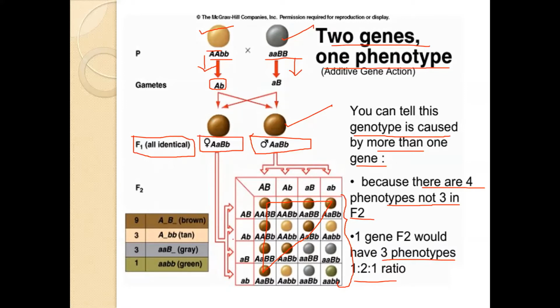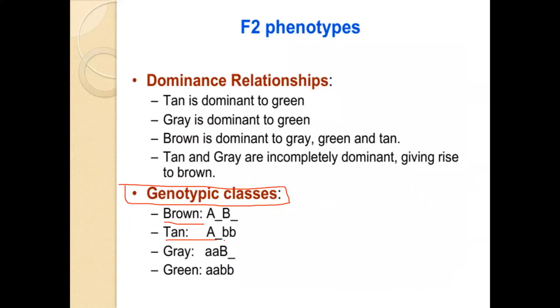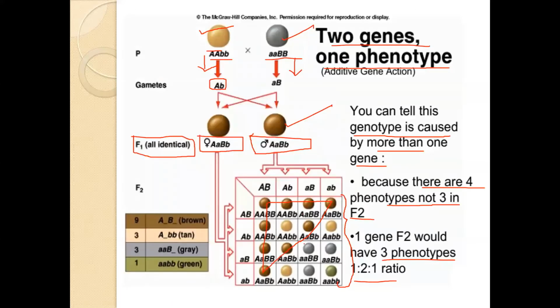In the case of tan, capital A is always in its dominant condition and b always in its recessive condition. So here, in capital A, small b, capital A is dominant and b is recessive. Here also, one capital A is in a dominant condition.